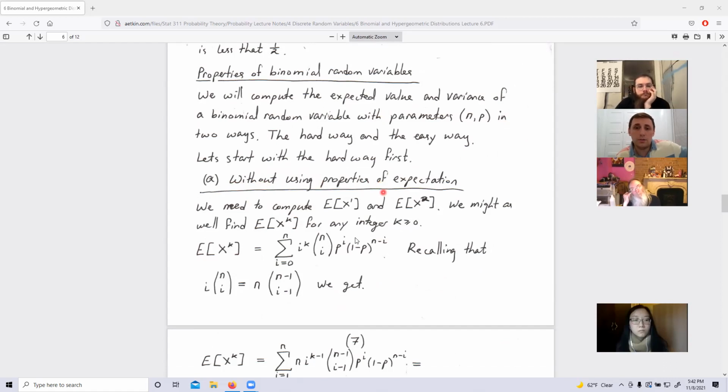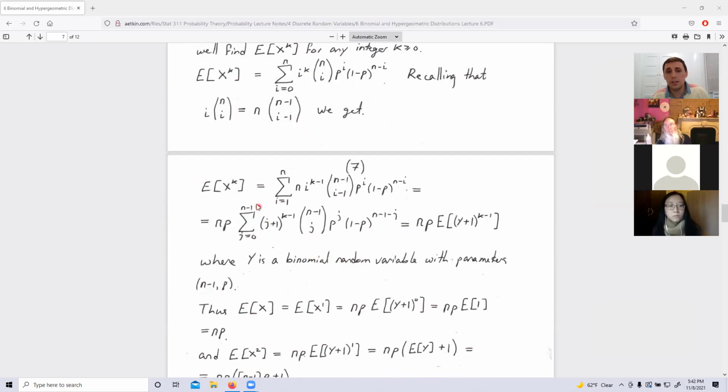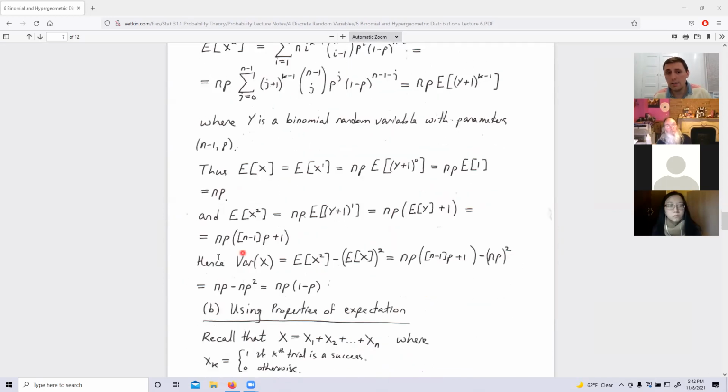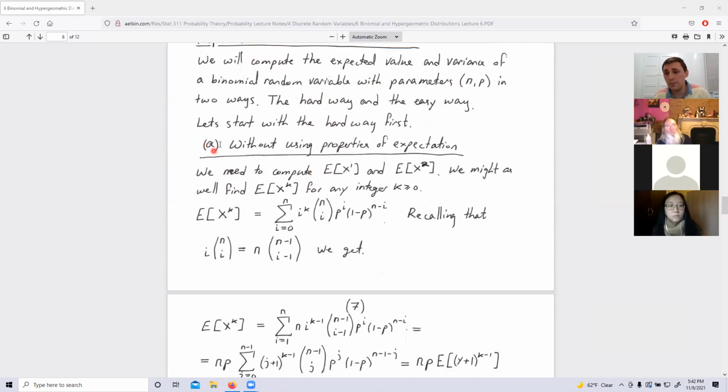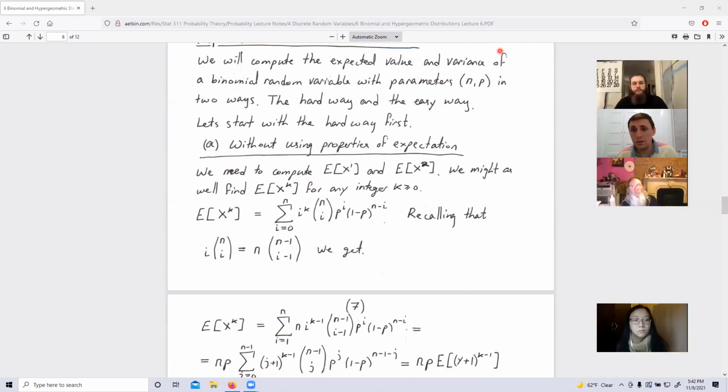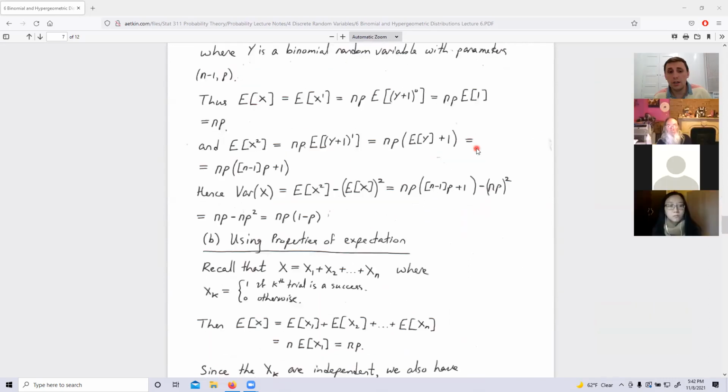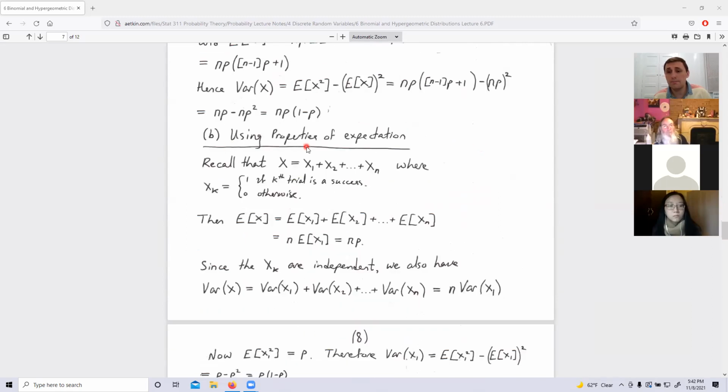I never recommend to ignore those properties because very often it's more complicated without them. As in this case, you see I calculated the expected value of the kth moment, and here you have both expected value and variance. So I will skip the A version of doing it with your permission, and we will do it using properties of expectation.